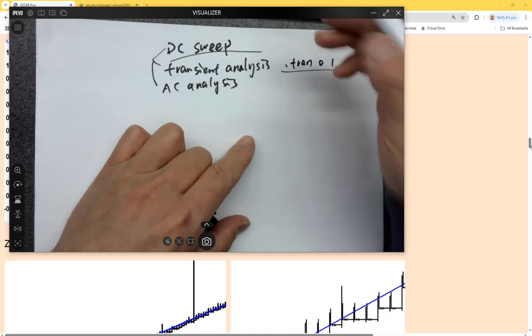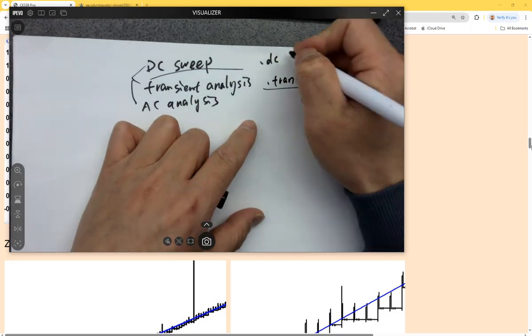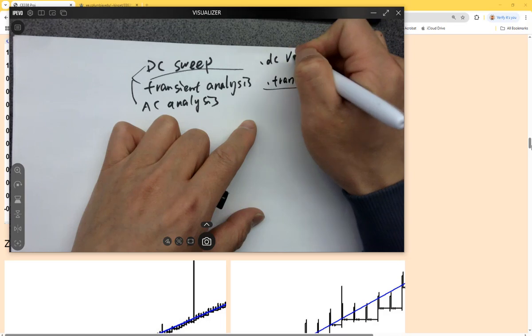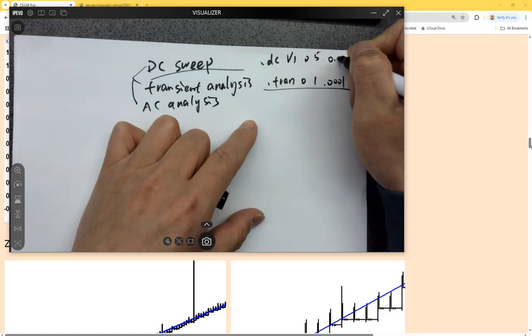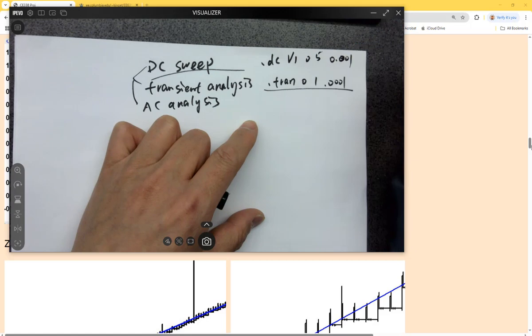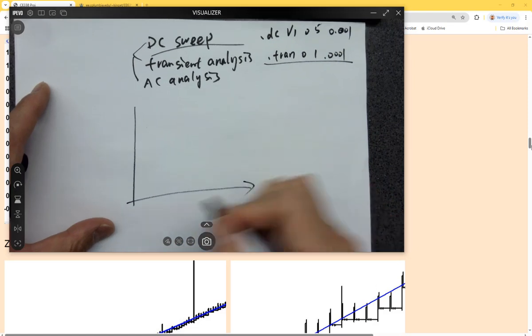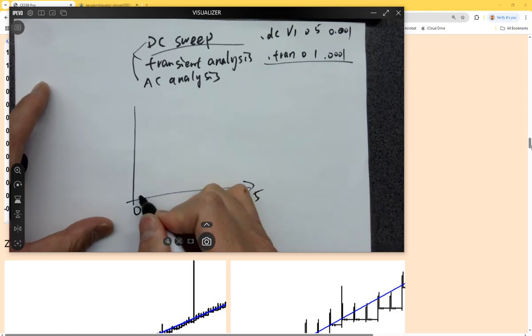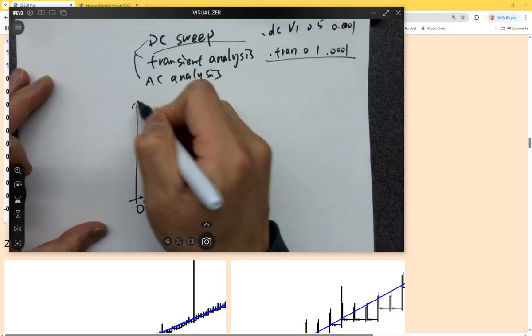So DC sweep is .dc, and you are sweeping, for example, the V1 source from 0 to 5 volts and 0.001 volt to plot a point. So it's running a DC sweep from 0 to 5, and every 0.001 volts you plot a point, and then you look at the output.